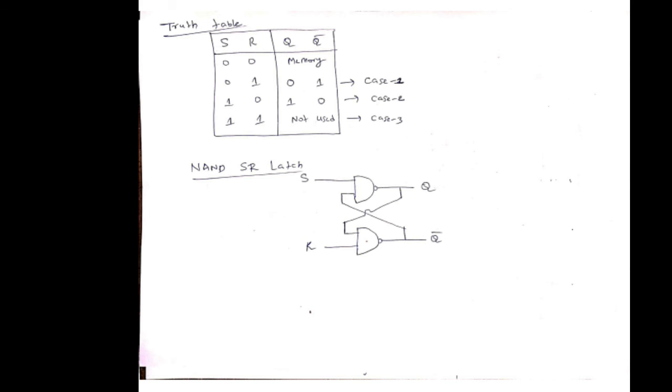And for 1 0 we got Q is 1, Q bar is 0. From this I can call it the set state whenever we give 1 and 0 to this SR latch. Case 2 is the set state, case 1 is the reset state, case 3 is a not used case. Whenever you give S is equal to 1, R is equal to 1, it is a not used case or indefinite state.